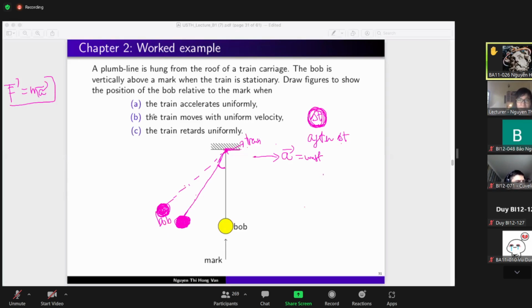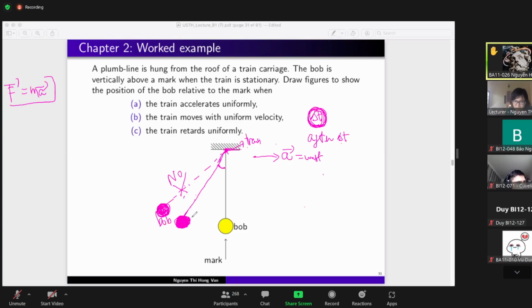From the case that David answered, if after density the train has the acceleration, the bob is further. I don't agree with this. I think that the bob is in the same direction, still the same, because the acceleration is a constant.